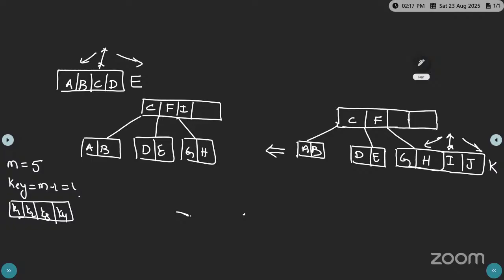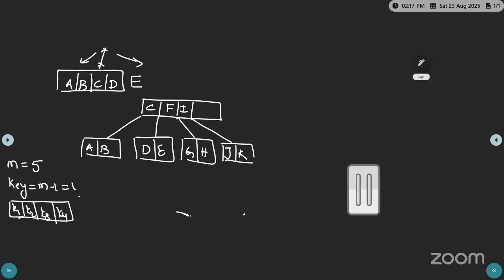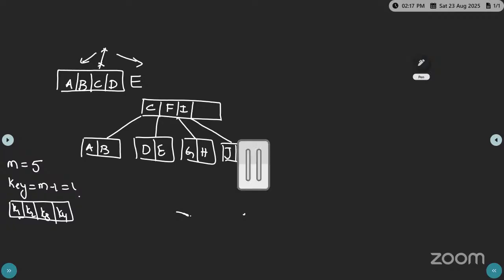To the right of I are J and K. This is the new tree. Till now any doubt?